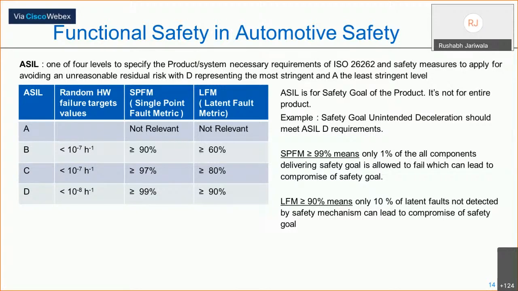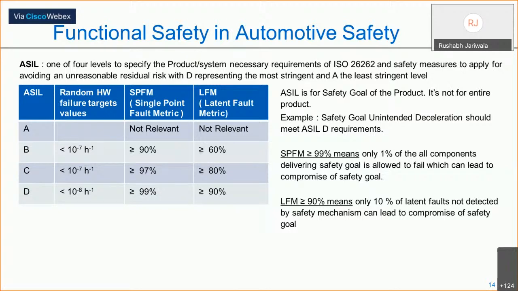So all of this ASIL is the automotive safety integrity level, and it mainly defines that the safety function's probability of failure should be low.